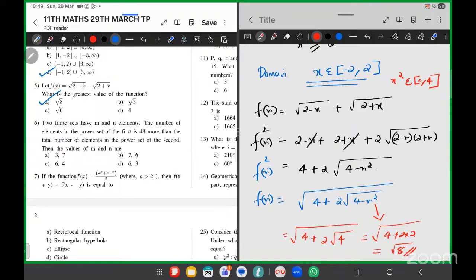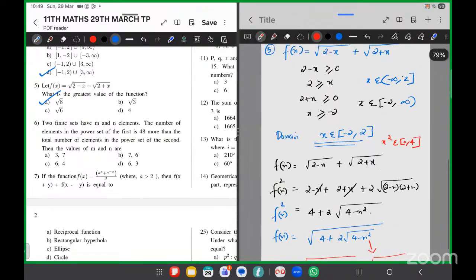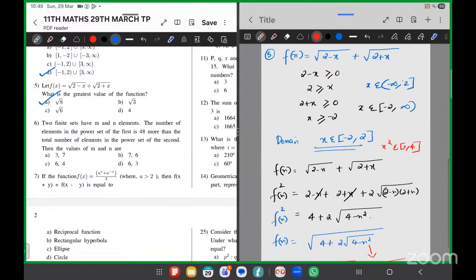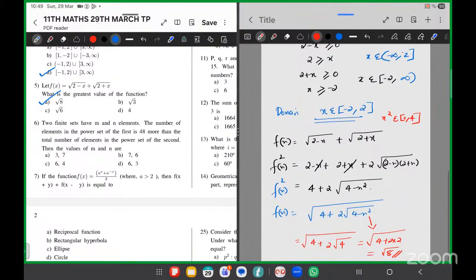इधर क्या किया? First we calculated the domain. Domain we got from minus 2 to plus 2. And if you take the square of f of x, you get f of x square as 4 plus 2 into under root of 4 minus x square. So f of x can be taken as under root of 4 plus 2 into under root of 4 minus x square.